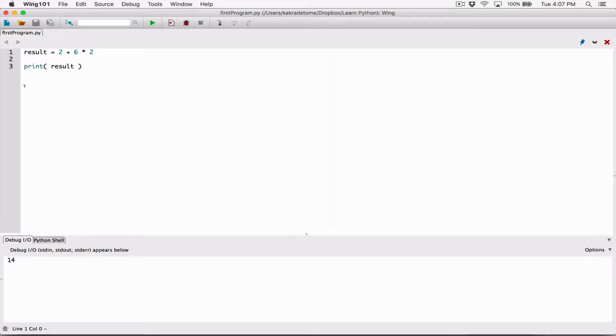So let me use the comments to write it down. The first operator that has high precedence is exponents, the exponent operator or exponentiation.